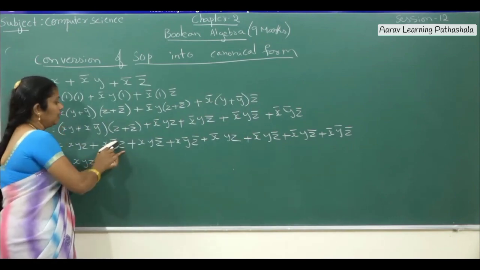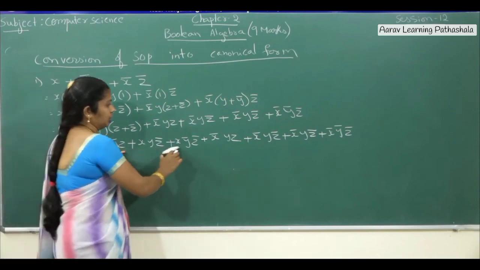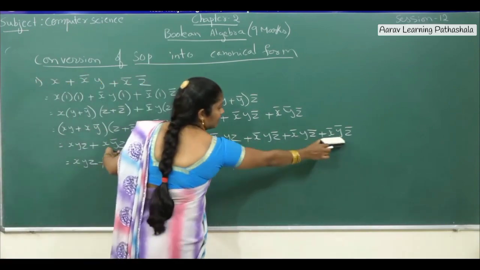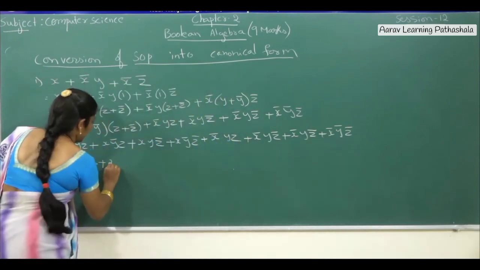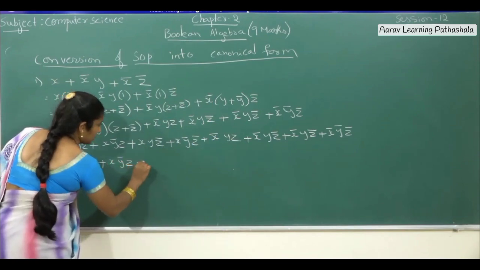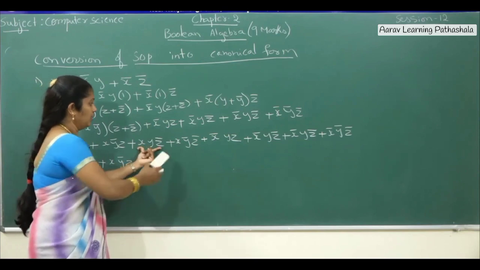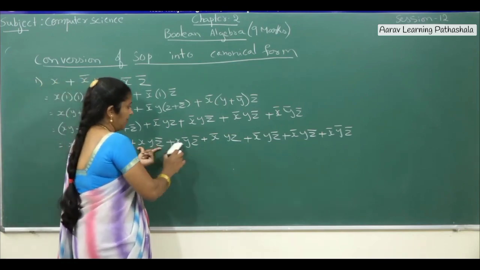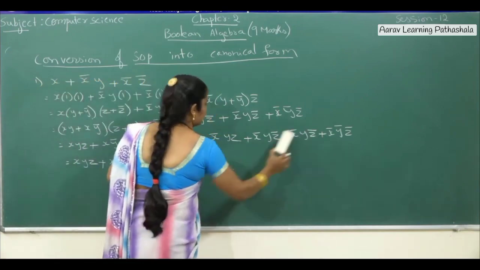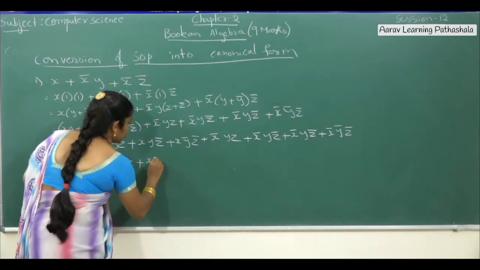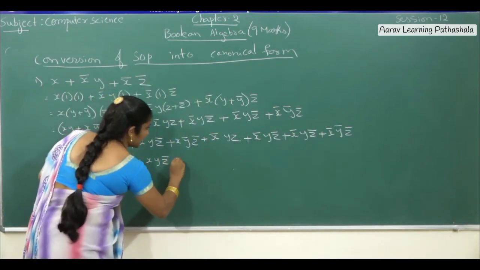Next, only for y do we have a bar? No, so write x y bar z. Then only for z bar we have a complement, and there is no duplicate, so x y z bar.